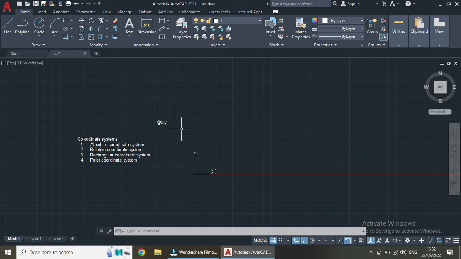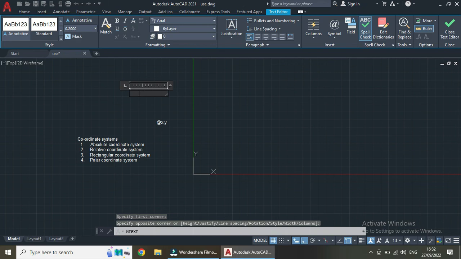So this format will be, let us take the multi-line, at the rate length less than angle format.